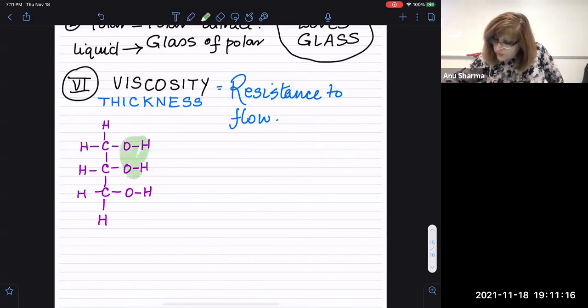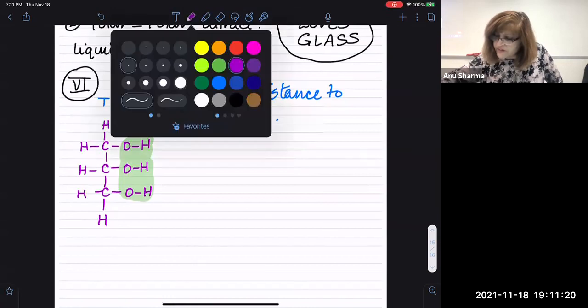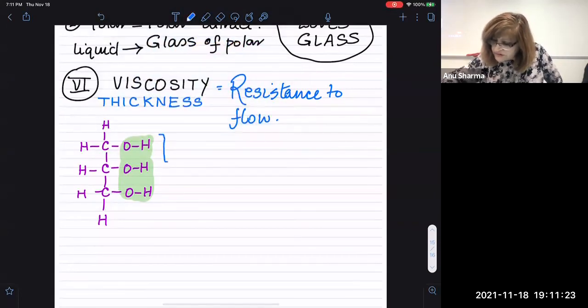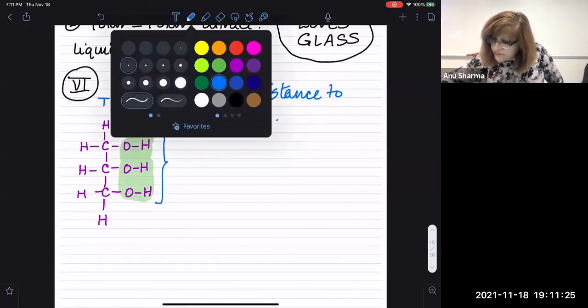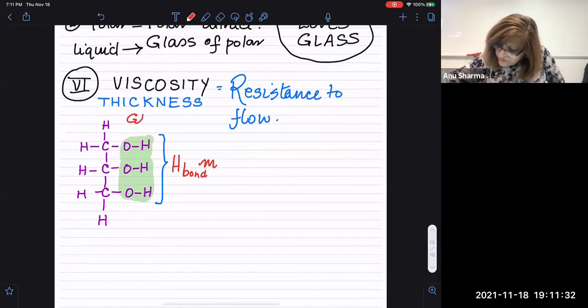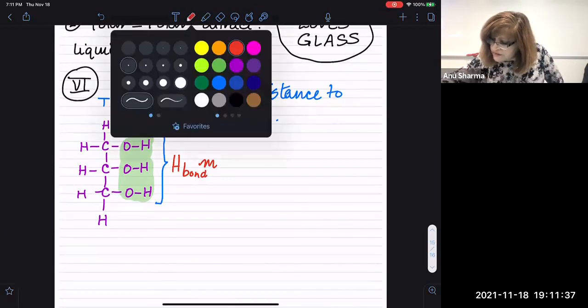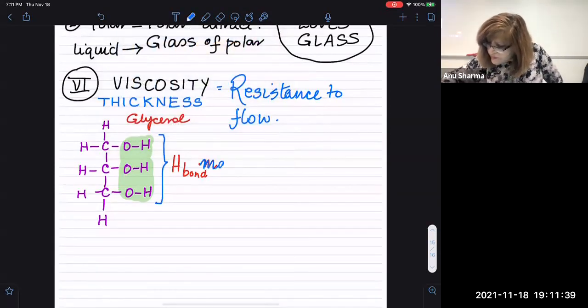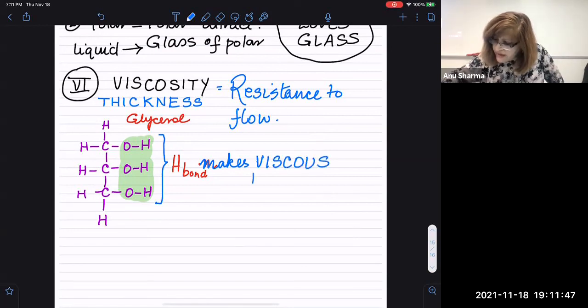Because of the 3 OH groups on one side, this causes hydrogen bonding. This is glycerol. So hydrogen bonding makes this viscous. Viscous means very thick to touch, right?